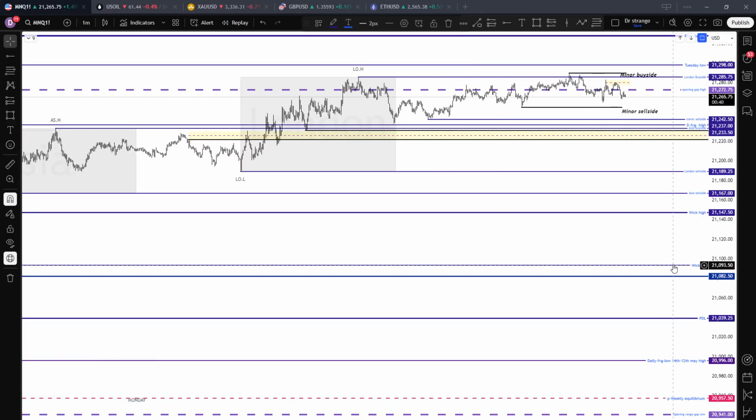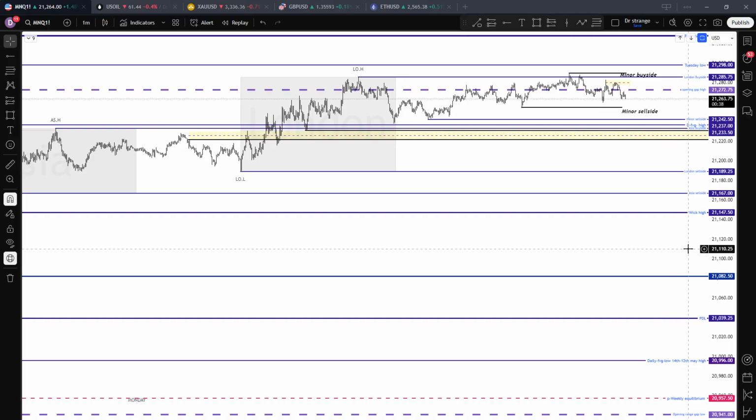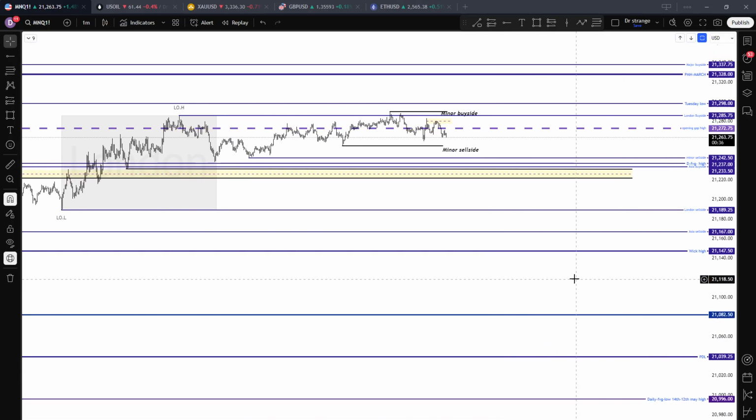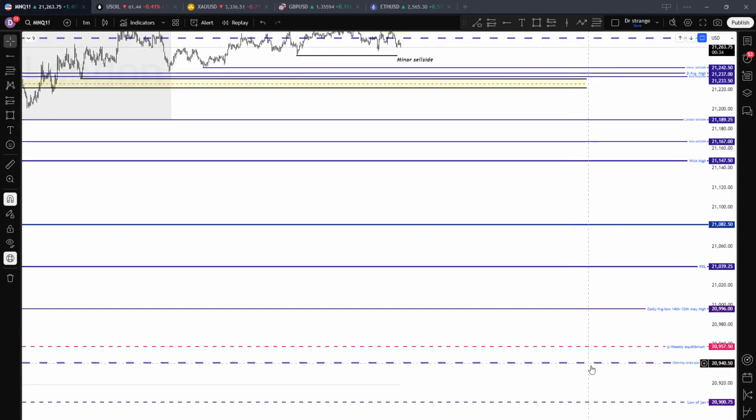This was great. So now we have the opening range gap low. It needs to be a little bit bigger. Let's make it not dotted. Apply.